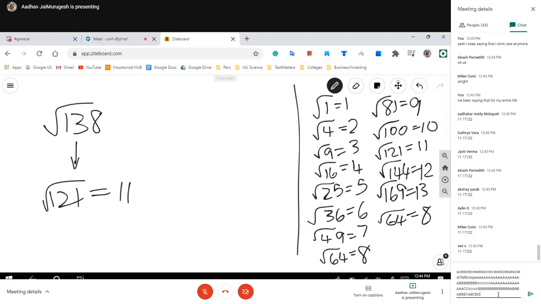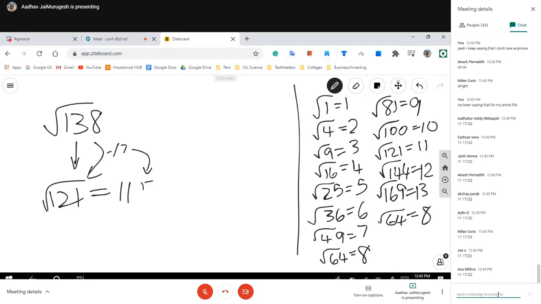That's step one. Step two is determining the difference between the original number and the perfect square, so the difference is 18, which is our numerator. To find our denominator, we take this number, 11, and multiply it by 2.